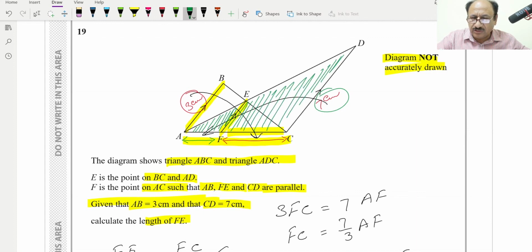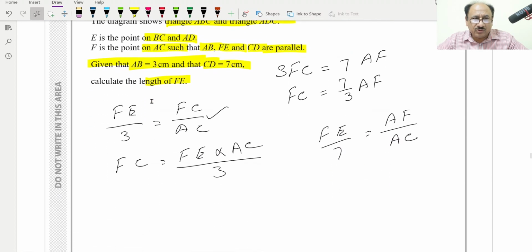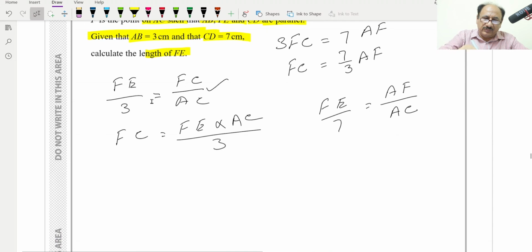Earlier we had taken the bigger one and smaller one. So we have 4 triangles, and we are comparing those 4 triangles. 2 triangles are yellow and 2 triangles are green. So we will get this equation from there.